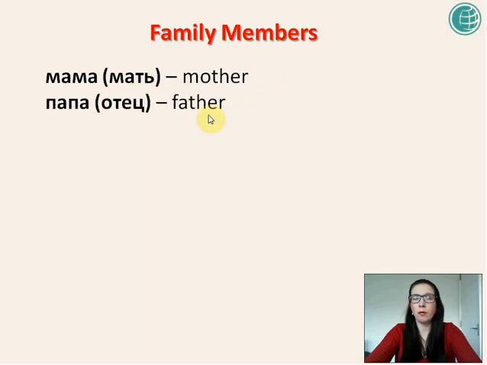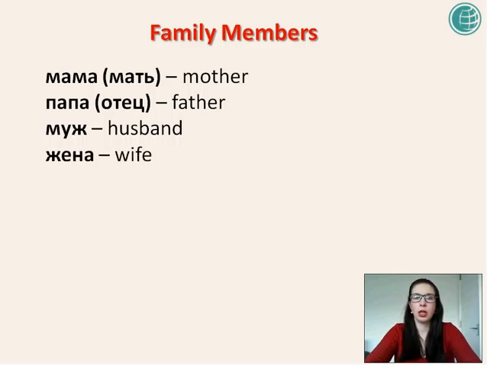Same with father. Papa, отец. Отец, it's a bit more formal word, father. And papa, it's an informal word, like daddy. Муж, you know this word already, it means husband. Жена, wife. The word жена looks and sounds very similar to the word женщина, which means woman.